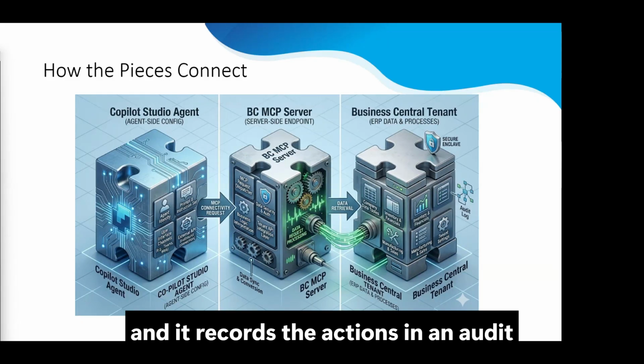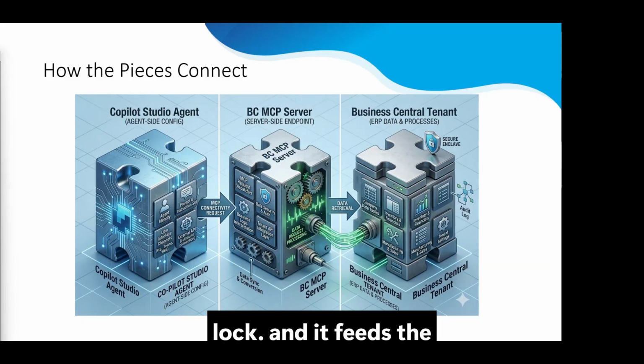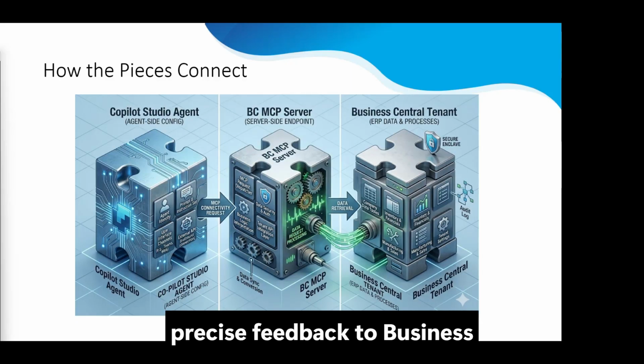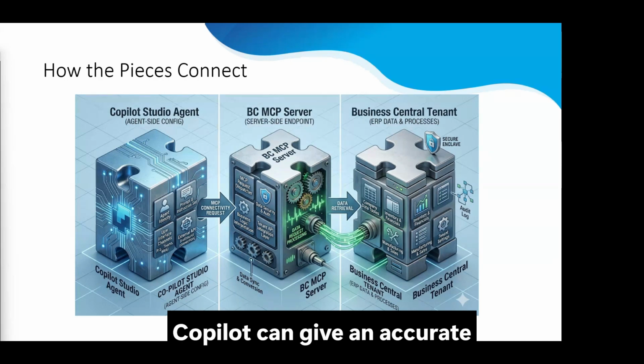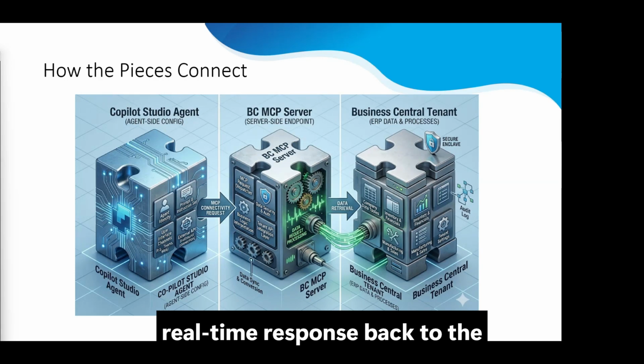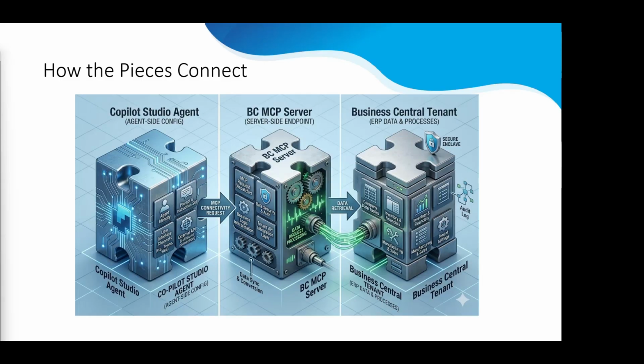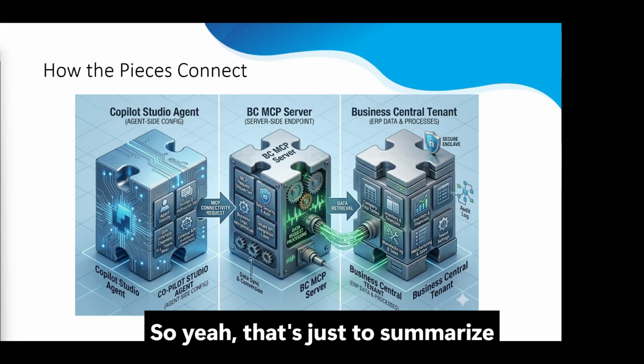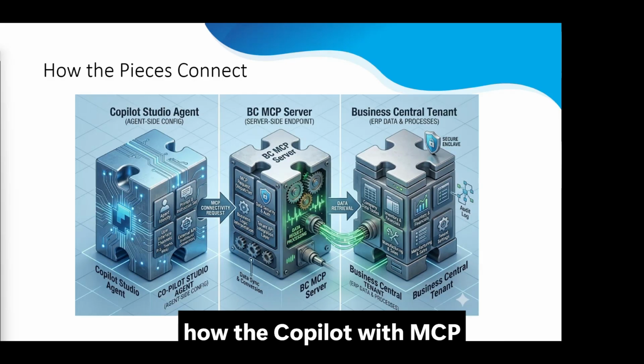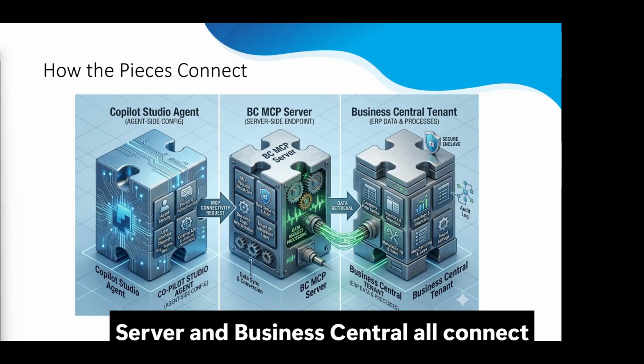It records the actions in an audit log, and it feeds the precise feedback up the chain so that Copilot can give an accurate real-time response back to the requesting user. So that's just to summarize how Copilot, the MCP server and Business Central all connect together.